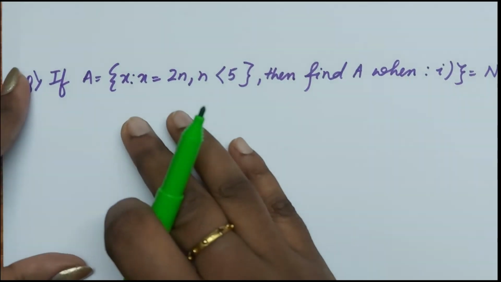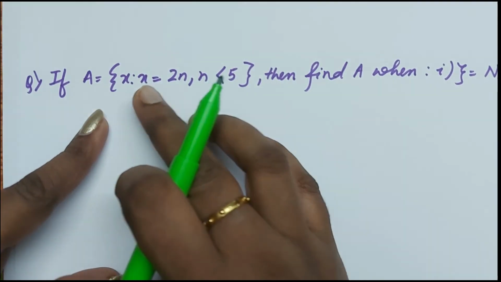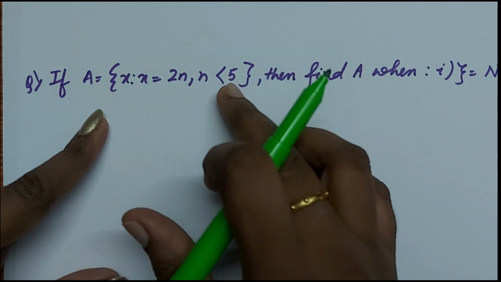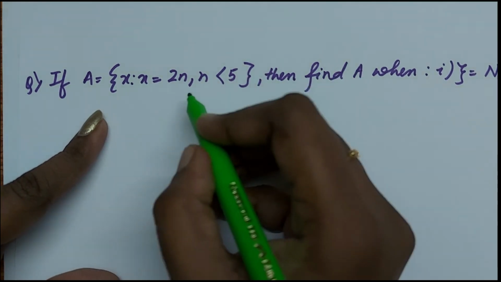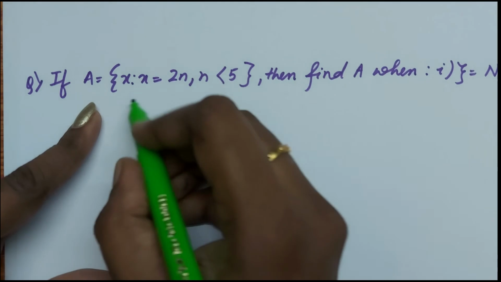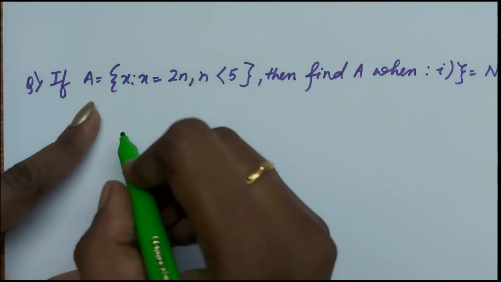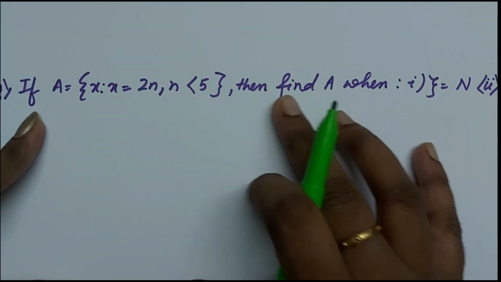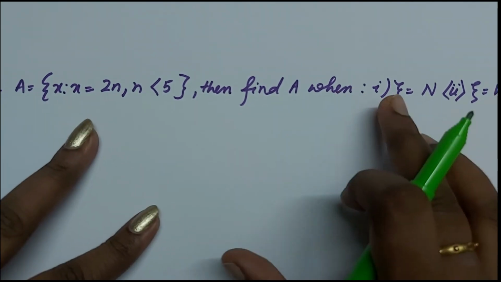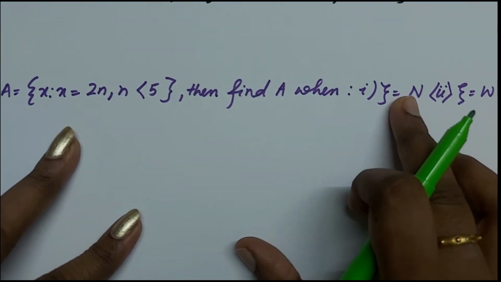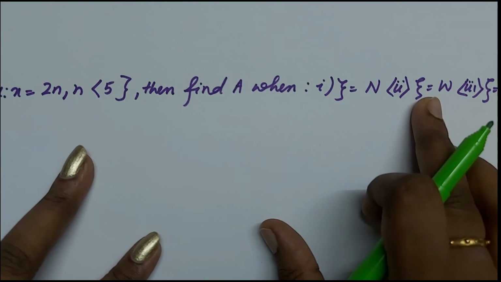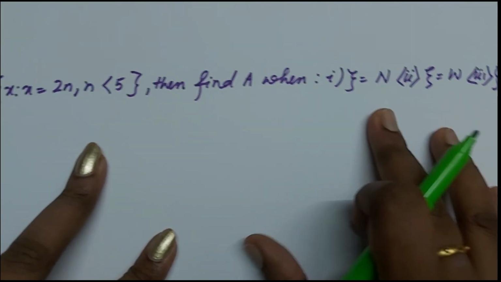So now let us take the last question, where A is {x such that x = 2n, where n is less than 5}. So n is less than 5 means it is assuming different values for A. We need to calculate whether the universal set is natural numbers, whole numbers, or integers.